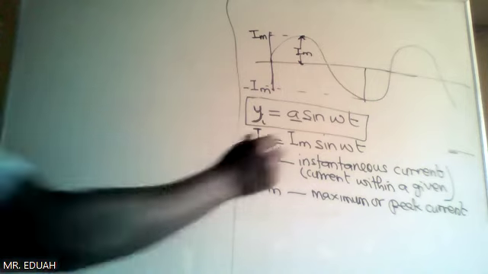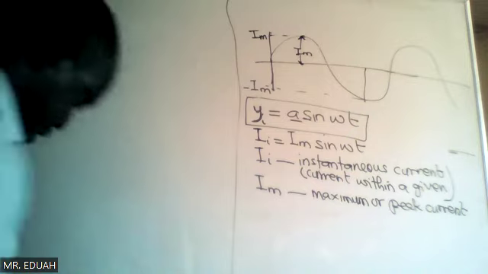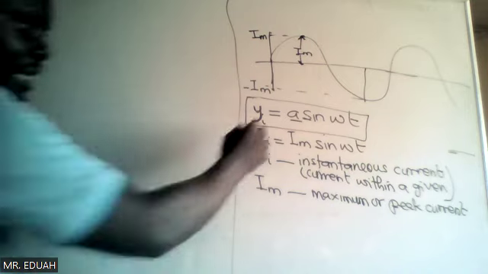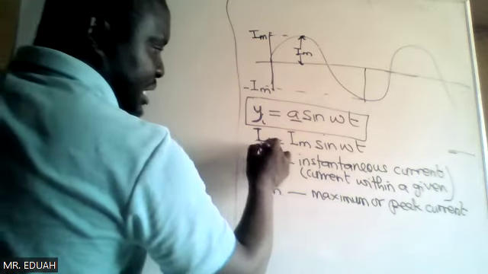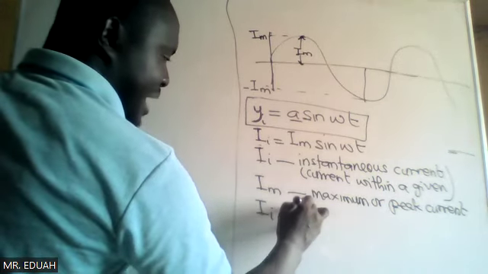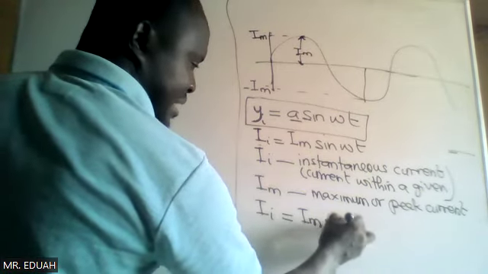All right. Omega is the angular velocity when a coil rotates at a constant angular velocity within a uniform magnetic field. This instantaneous current equation can also be written as I equals I_M or I_P or I_0 sine omega t.